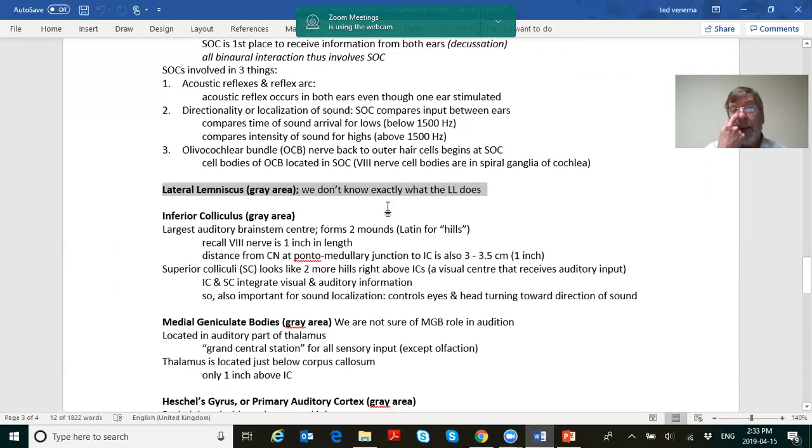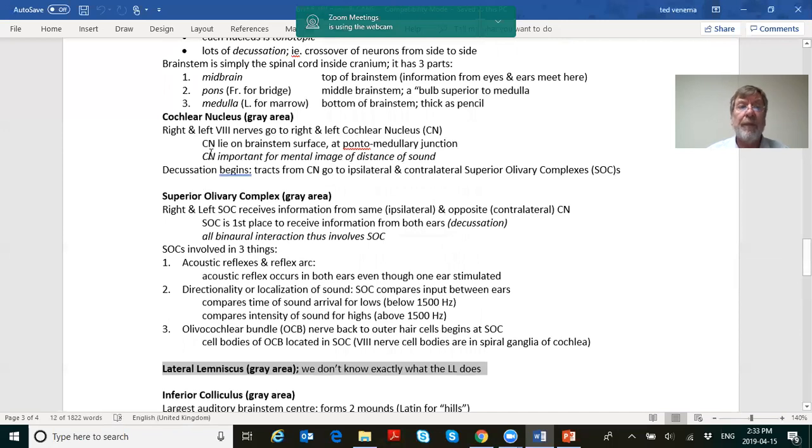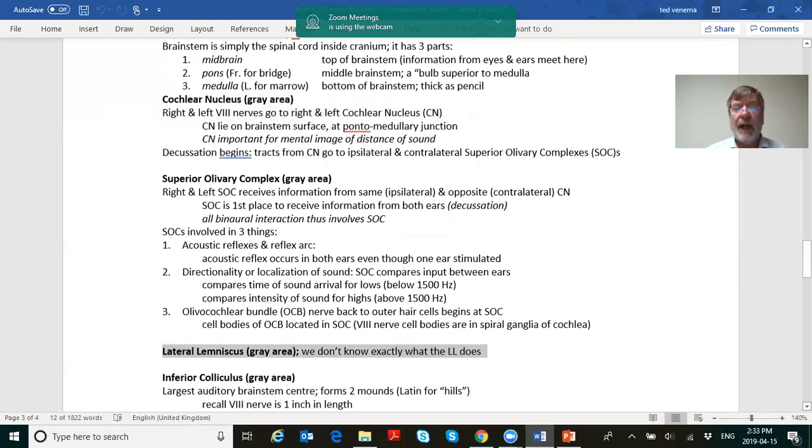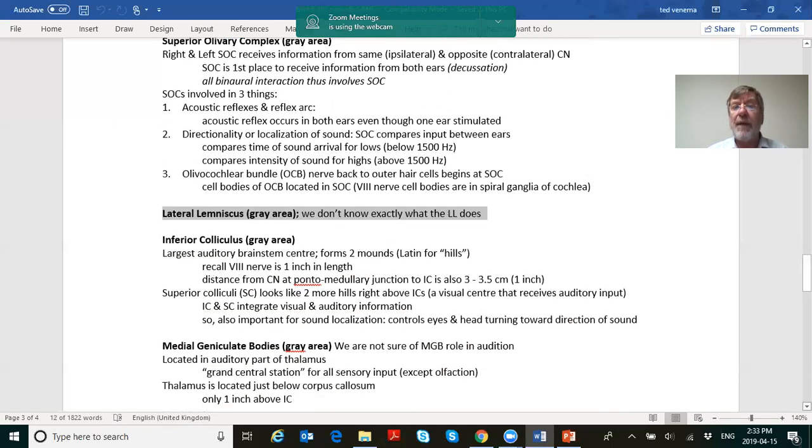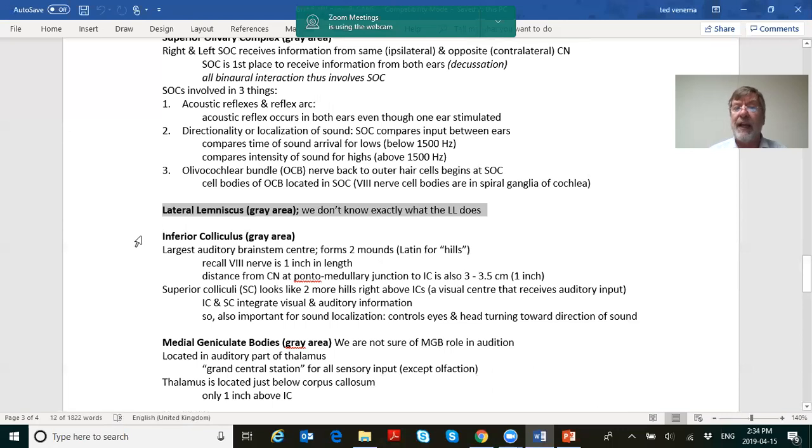So remember, the cochlear nuclei are at the junction of the pons and the medulla. Superior olivary complexes are located deep inside the pons. The lateral lemniscus is located higher up in the pons. And then the inferior colliculi, that pair of nuclei, is in the midbrain or the top of the brain stem.